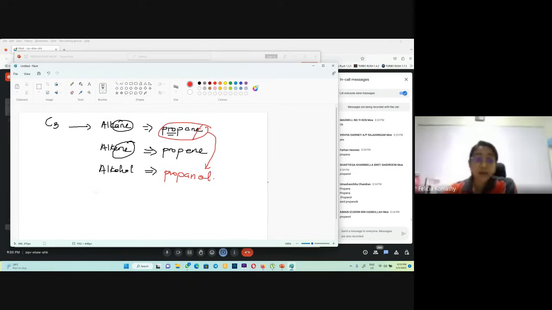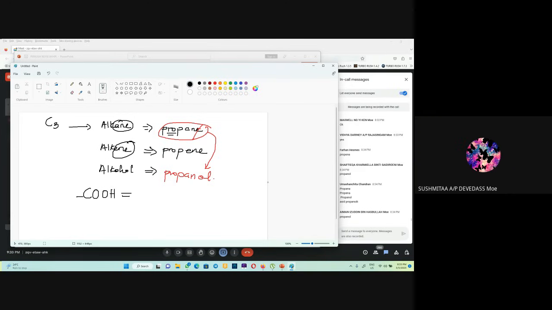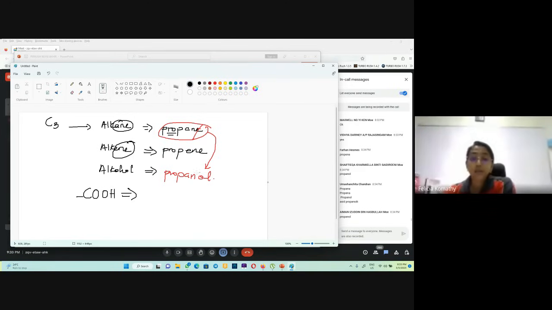Okay? If it's a carboxylic acid, I put the functional group. Same thing, you take from here also, take out the E. It will be propan. So carboxylic acid must end up with OIC acid. So it becomes propanoic acid. If it's ester, then it will be propanoate.